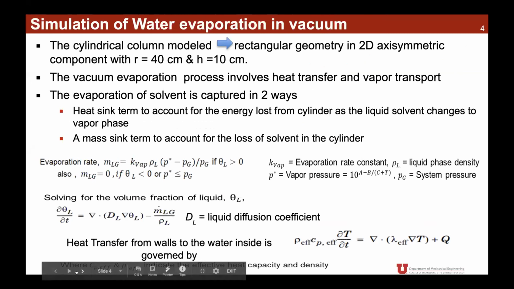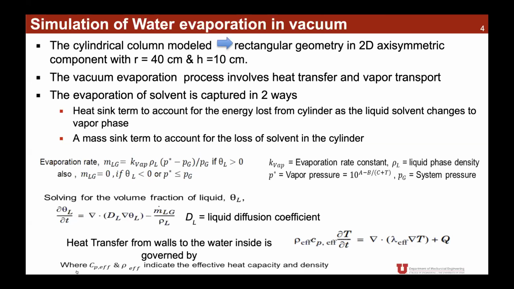So what we did was model it with a radius of 440 centimeters and a height of 10 centimeters. These dimensions are comparable with what people use experimentally. The simulation I am talking about is evaporation in vacuum, because the evaporation of the saline feed water occurs at a much lower pressure than atmospheric.